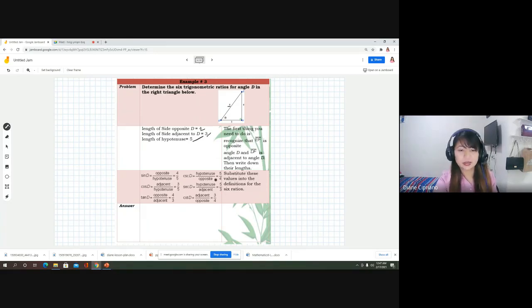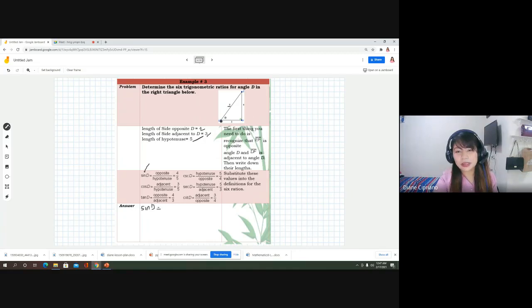So we have here the 6 trigonometric functions, the sine, cosine, tangent, cosecant, secant, and cotangent, referring to the angle D. We said a while ago that sine is equal to opposite over hypotenuse. What is your opposite?